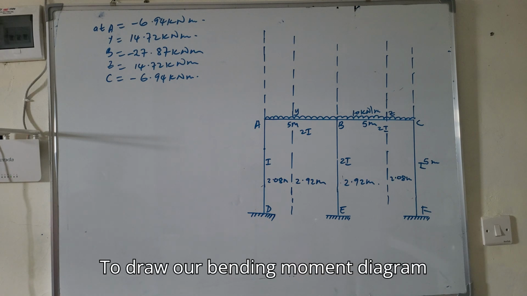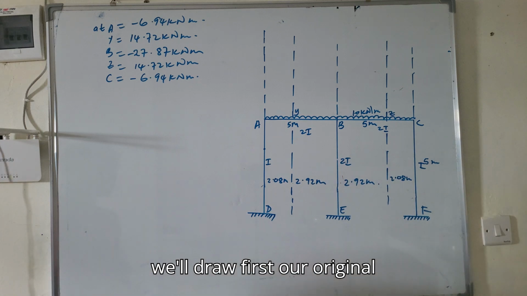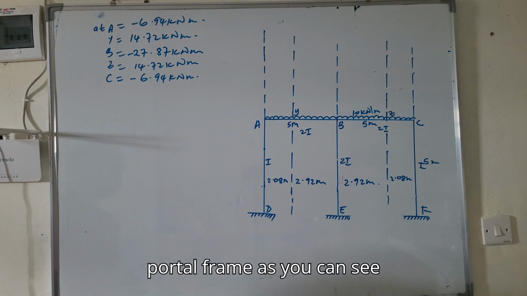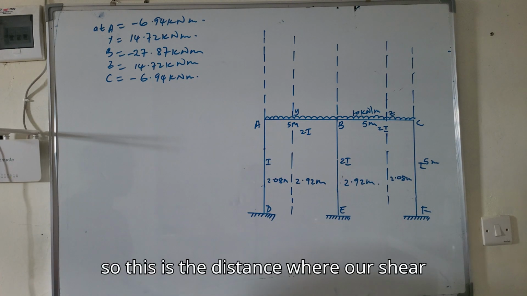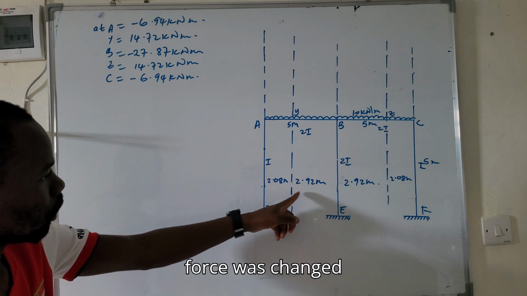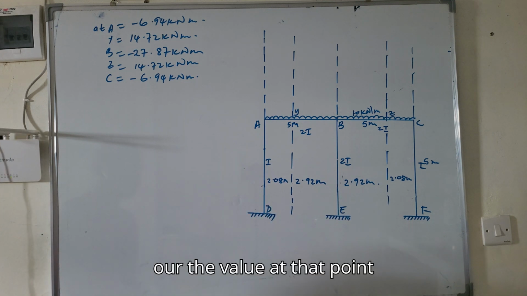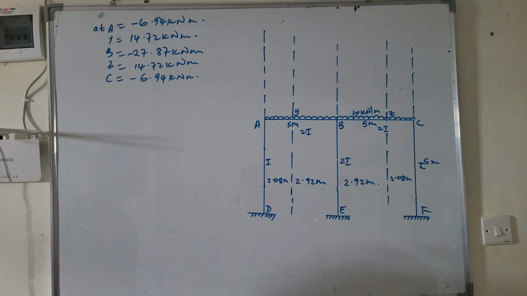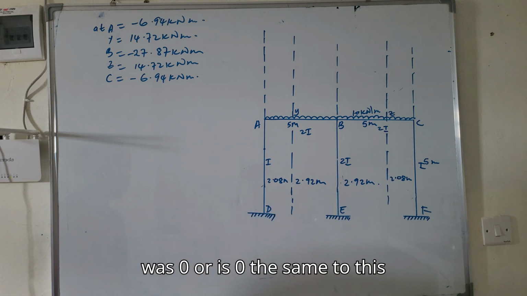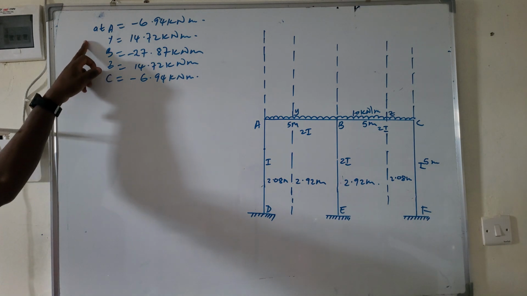To draw our bending moment diagram, we'll draw first our original portal frame, as you can see. So this is the distance where our shear force changed from positive to negative, and the value at that point is 0. The same to this.